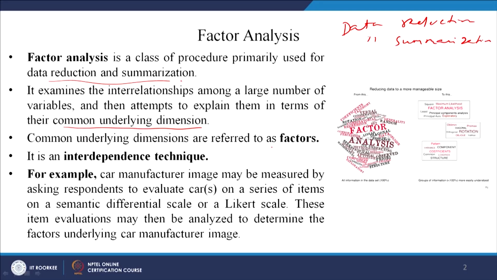That means, how two variables are correlated, what is the degree of correlation among them, that is actually the core of factor analysis. Okay. Although it looks like a regression, it is very similar to a regression only, right. So, the heart of the basic algorithm is the correlation, right. The common underlying dimensions are referred to as factors.